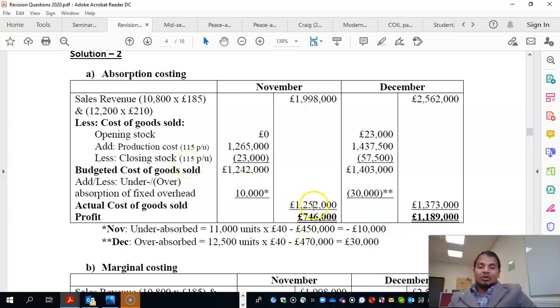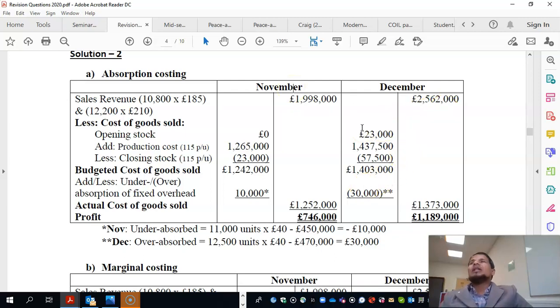So this is our actual cost of goods sold. If we deduct it from sales revenue, this is actual profit, 746,000 profit in November.